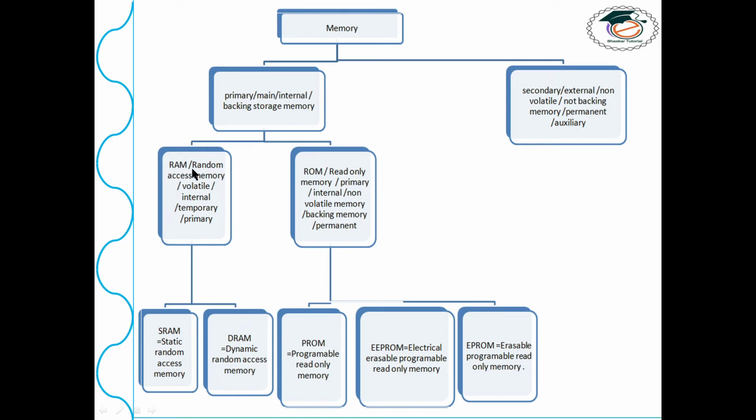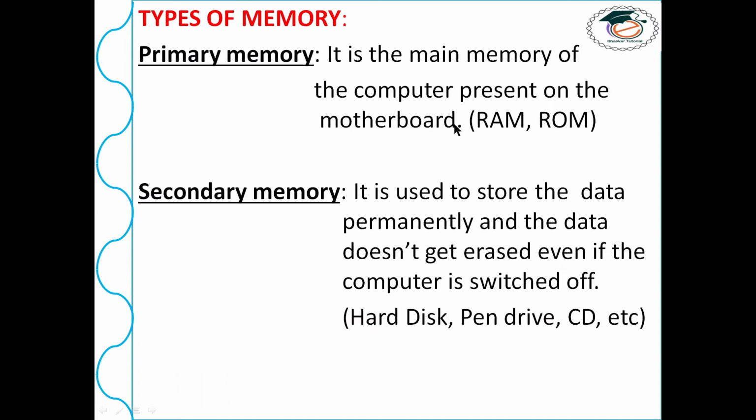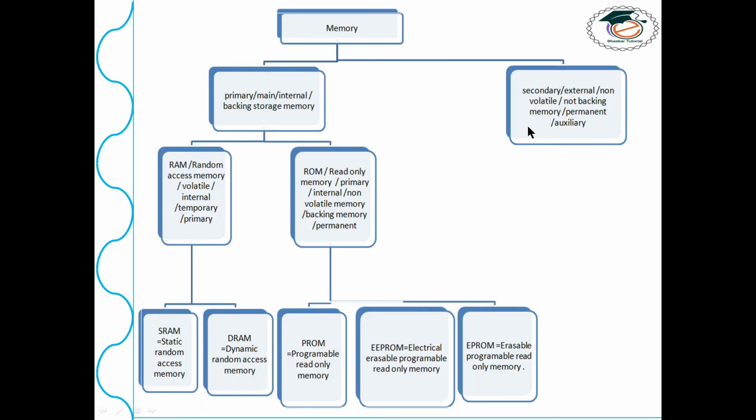As I already told you in the previous slide, primary memory is divided into two parts: RAM and ROM. I will tell you the full forms of RAM and ROM. RAM is also divided into various parts, and ROM is also divided into different types.